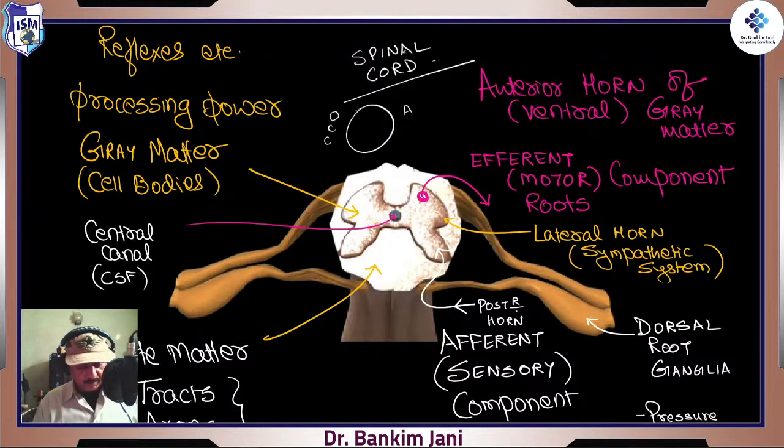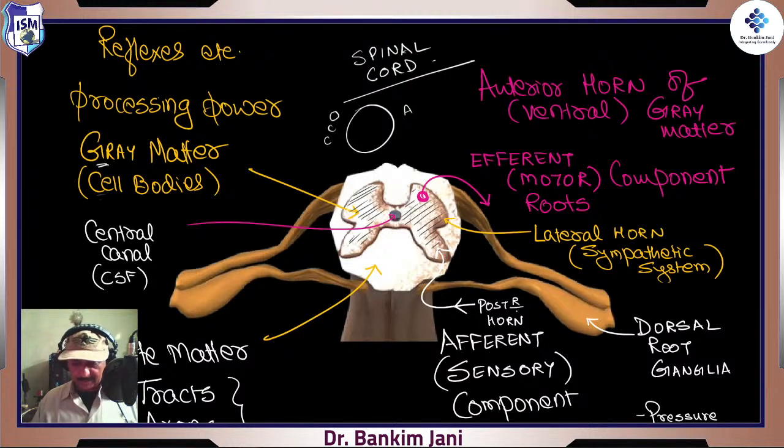It is now our central portion, right? That central portion is gray matter. So that's the gray matter, right? This is the gray matter. So gray matter is having cell bodies. If the gray matter is having cell bodies, that means the processing part is in the center, right?